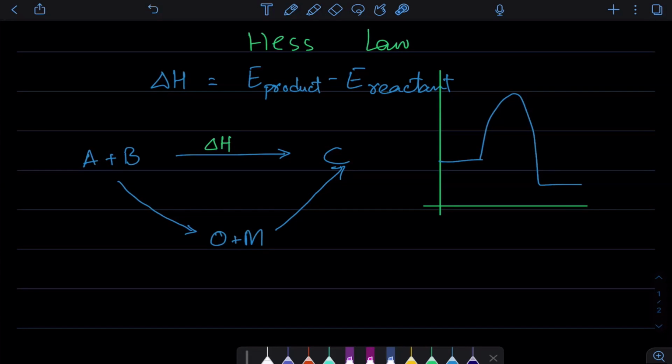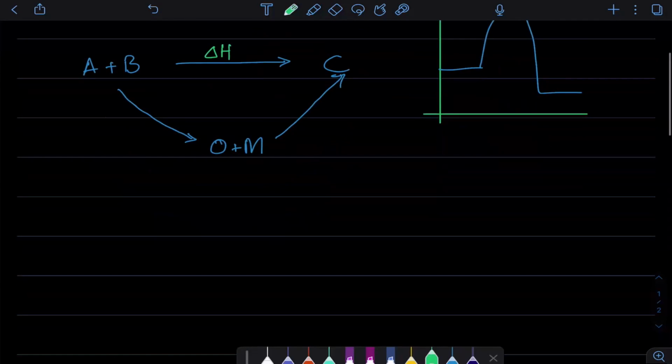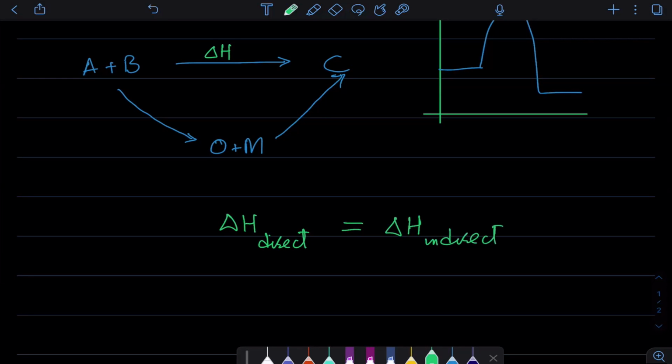In simple terms, what is Hess law? Like the simplest term, Hess law says the delta H of direct path is equal to delta H of indirect path. In any question, this is what Hess law is. Your job is to figure out what's the direct path, what's the indirect path.